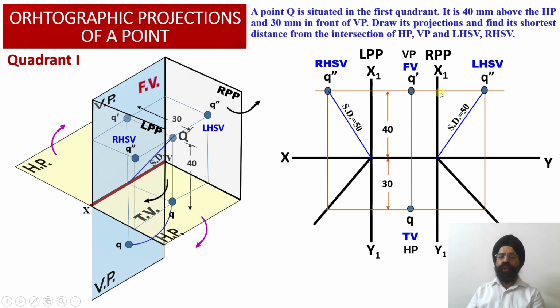We have been able to evaluate the front view, top view, right hand side view and left hand side view orthographic projections of this point Q, which lies in quadrant number 1. Besides this, we have also been able to evaluate the shortest distance of this point Q from the intersection of HP and VP, that is the XY reference line.